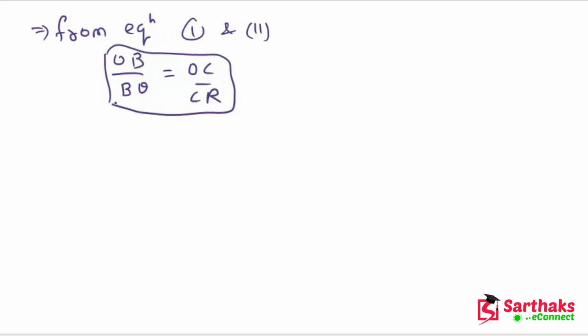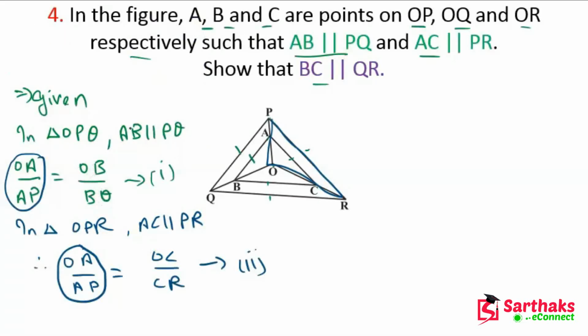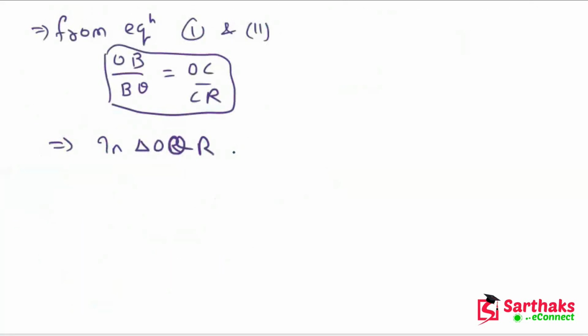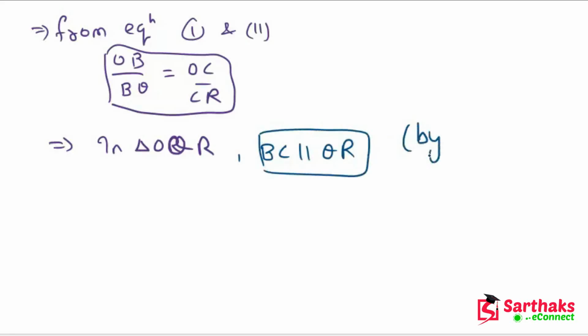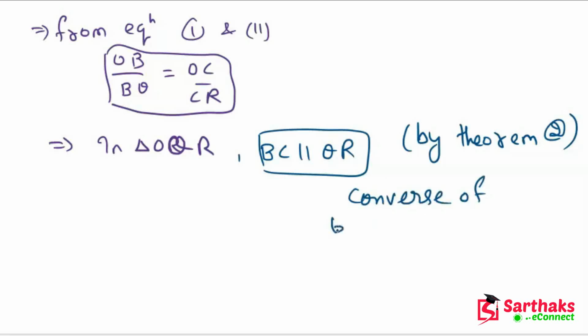So by the converse of the basic proportionality theorem, in triangle OQR we have OB upon BQ equal to OC upon CR, which gives BC parallel to QR, by theorem 2.